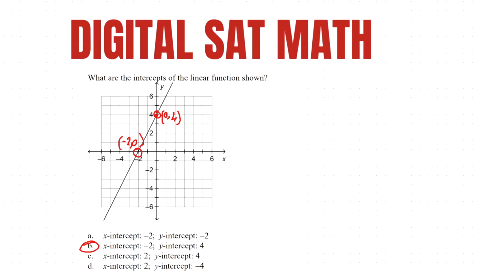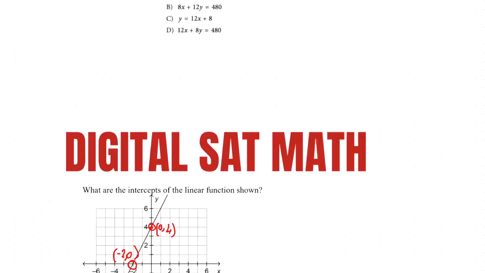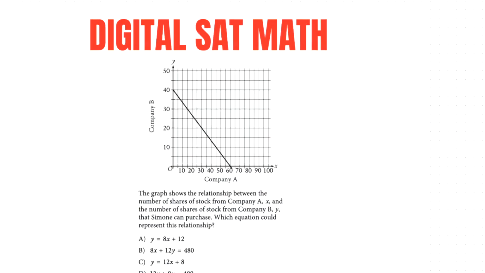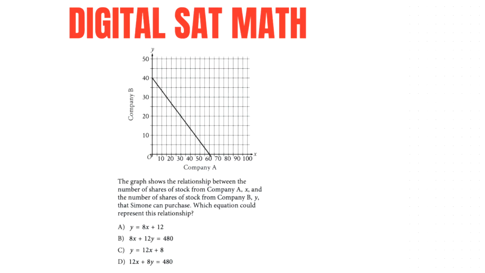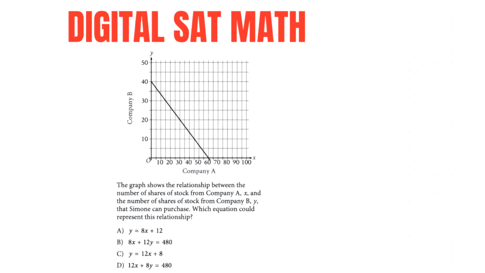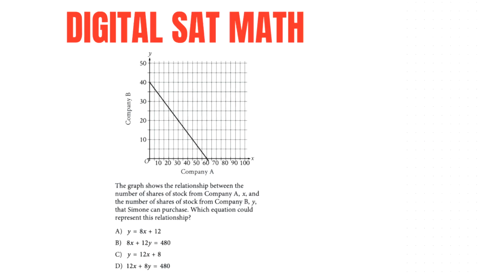Let me move on to the other problems. Again, this is about the slope. There are different ways of finding a slope, but the most common way is to isolate the y.